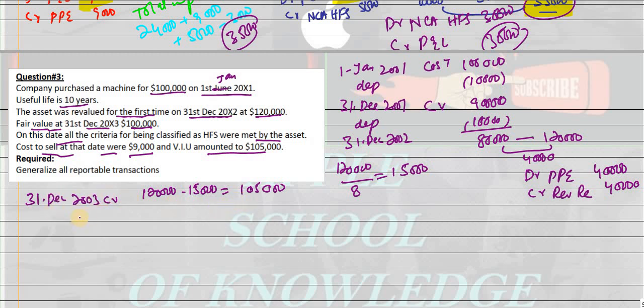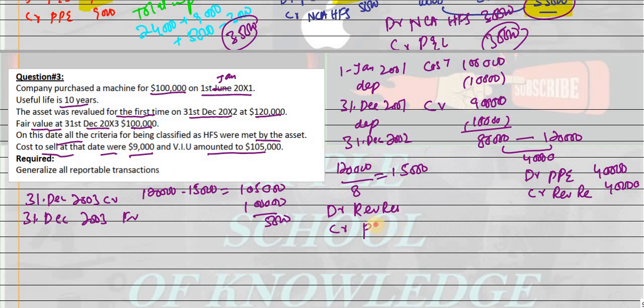Now on this same date, on 31st December 2003, the fair value is 100. So it means the asset is devalued by 5,000. So we'll first enter debit revaluation reserve, and credit will be the property, plant and equipment.